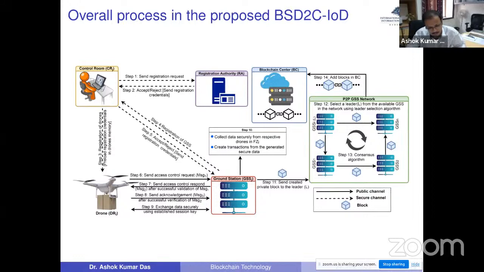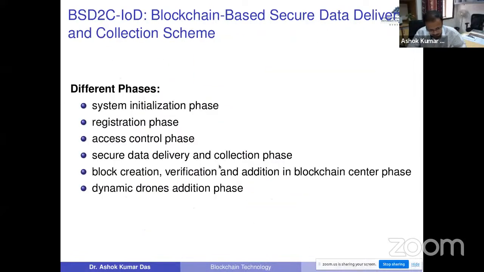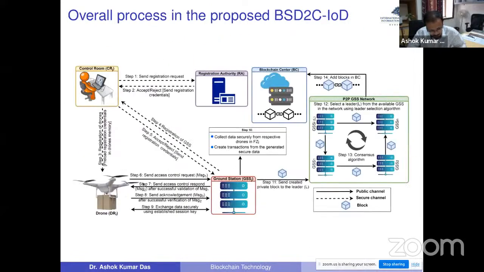So let us assume that after registration, the drones are deployed in their respective zones. Then we have the access control phase between the drone and the ground station server, known as the GSS. We will go through this a little bit later.